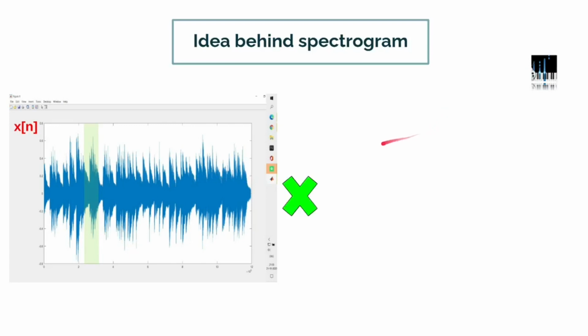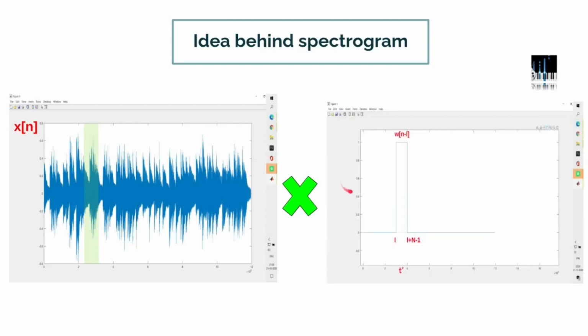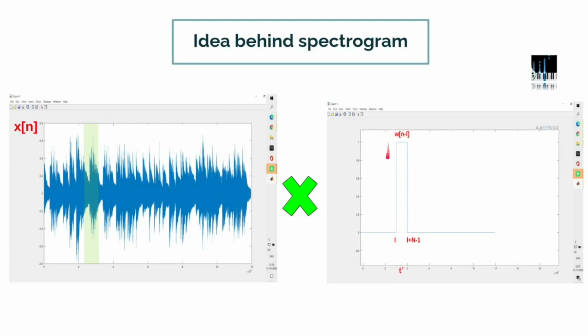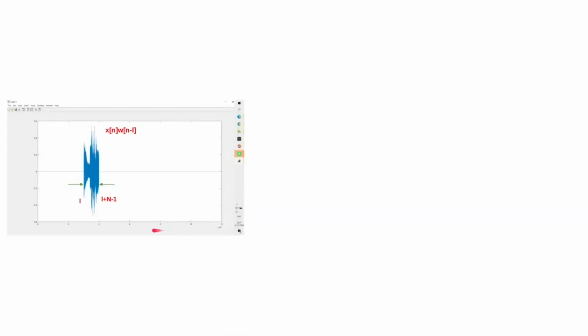Now, if we multiply this signal with a window w[n-L], which is located at time t', the center point of these two extremes, the length of the window is capital N. We get the resultant signal as a part of the original signal, which can be mathematically represented as x[n] times w[n-L].